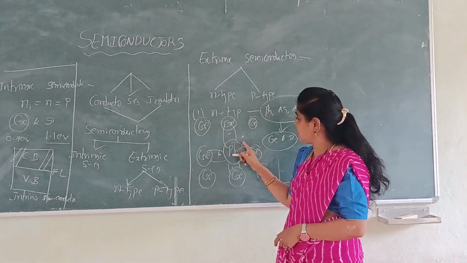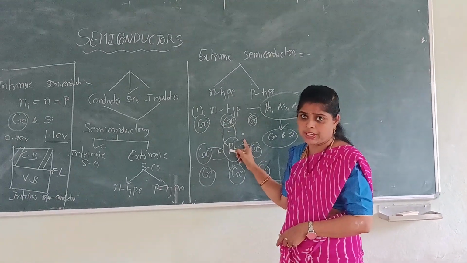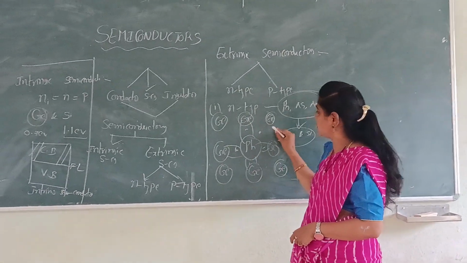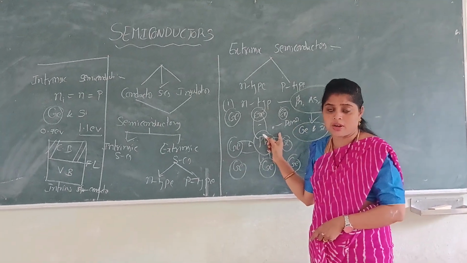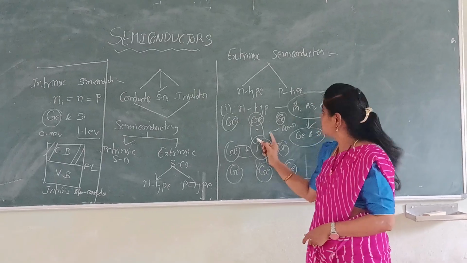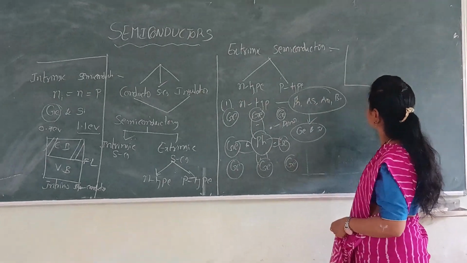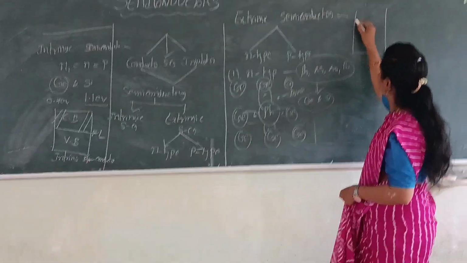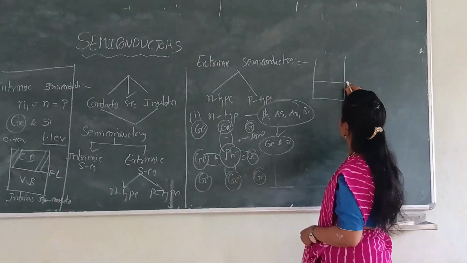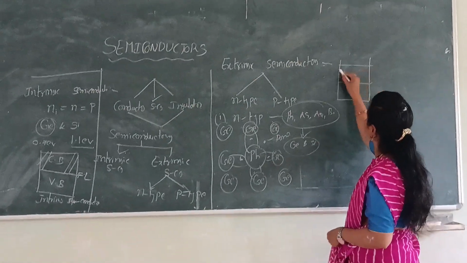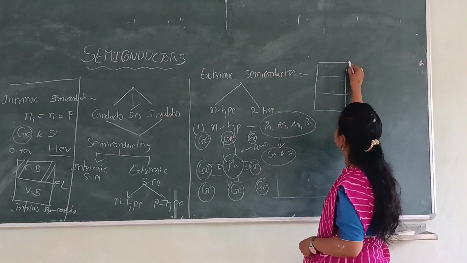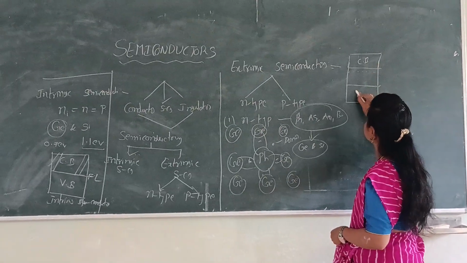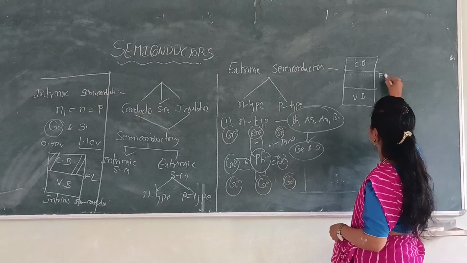The electron in the outermost configuration is called the donor, and the corresponding level is called the donor level. How can you draw the Fermi level diagram? The Fermi level lies just below the conduction band. This is the conduction band and this is the valence band.